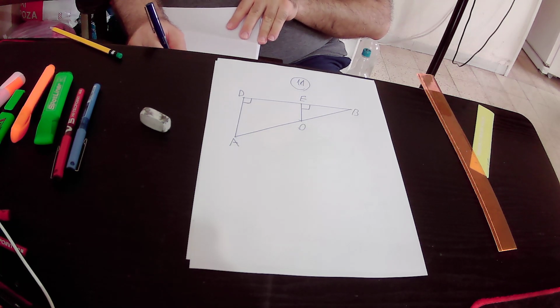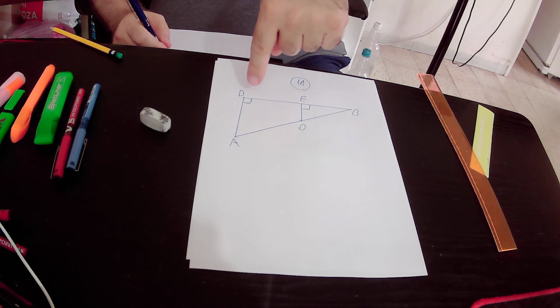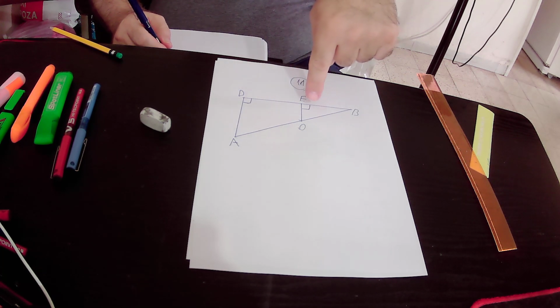So actually we can write down that angle ADB in the right triangle ADB equals angle OEB in the right triangle, triangle OEB.